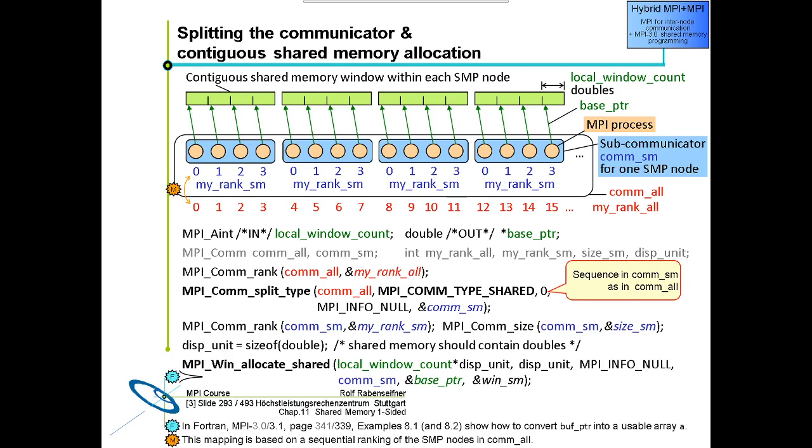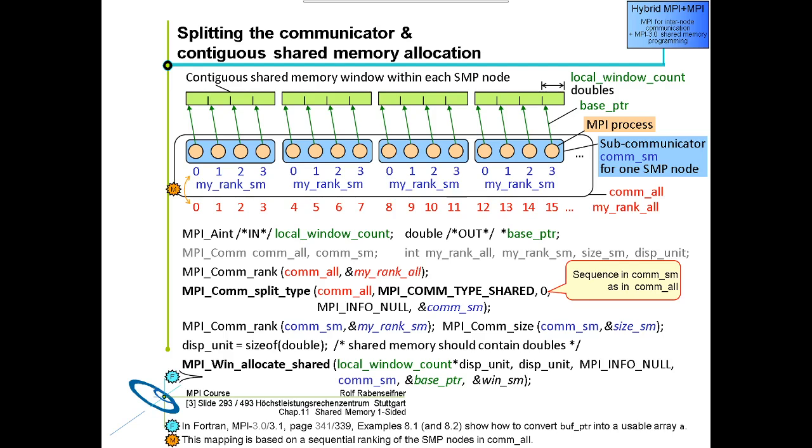Then, once we have the ranks in the original communicator, we can apply the MPI_Comm_split_type call, so that we can define the subcommunicators inside each of the shared memory nodes.